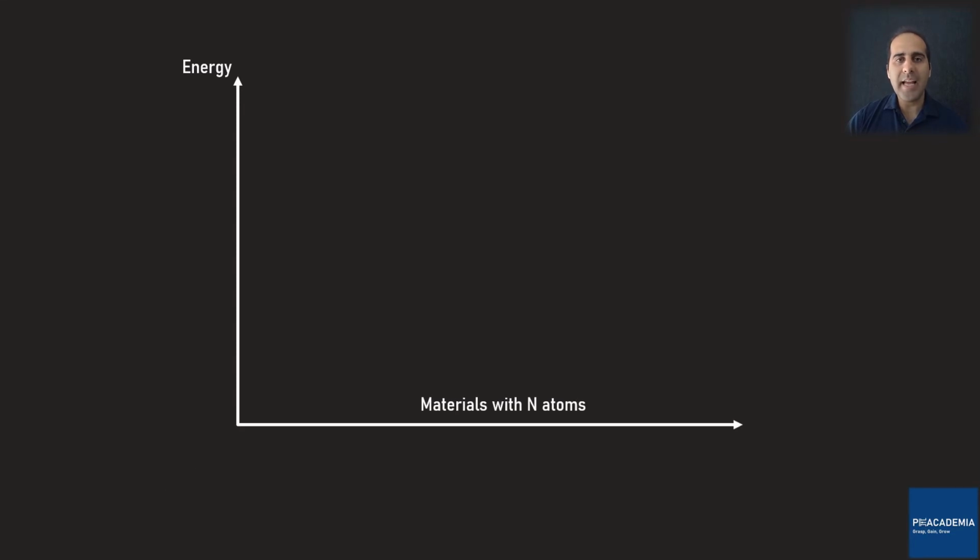Those who watched the previous lectures in this course remember that the energy diagram did not have the x-axis. This is because we were focusing on an isolated atom. Now that we turned our focus to materials with n atoms, the x-axis becomes important and we need to take it into our consideration.